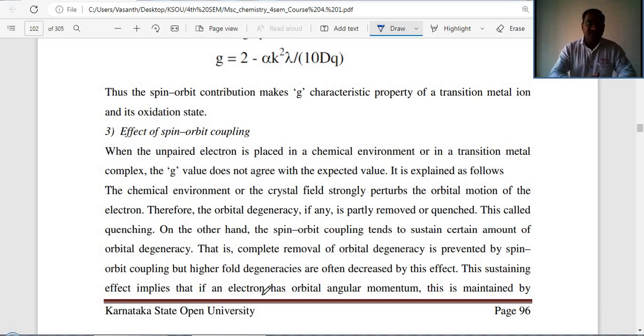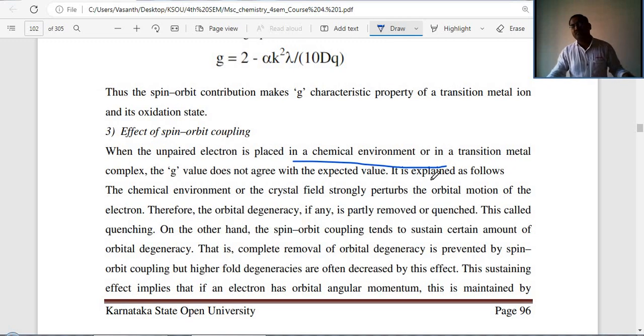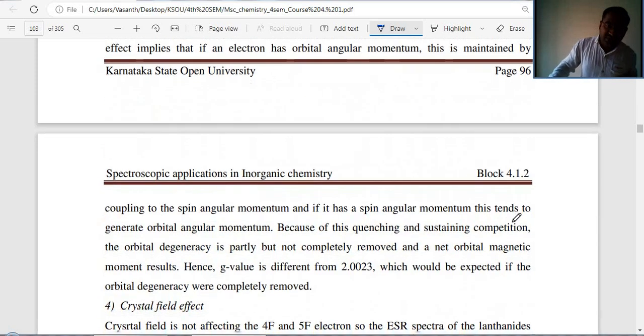Next, effect of spin-spin coupling. When an unpaired electron is placed in a chemical environment or in a transition metal complex, the g value does not agree with the expected value.